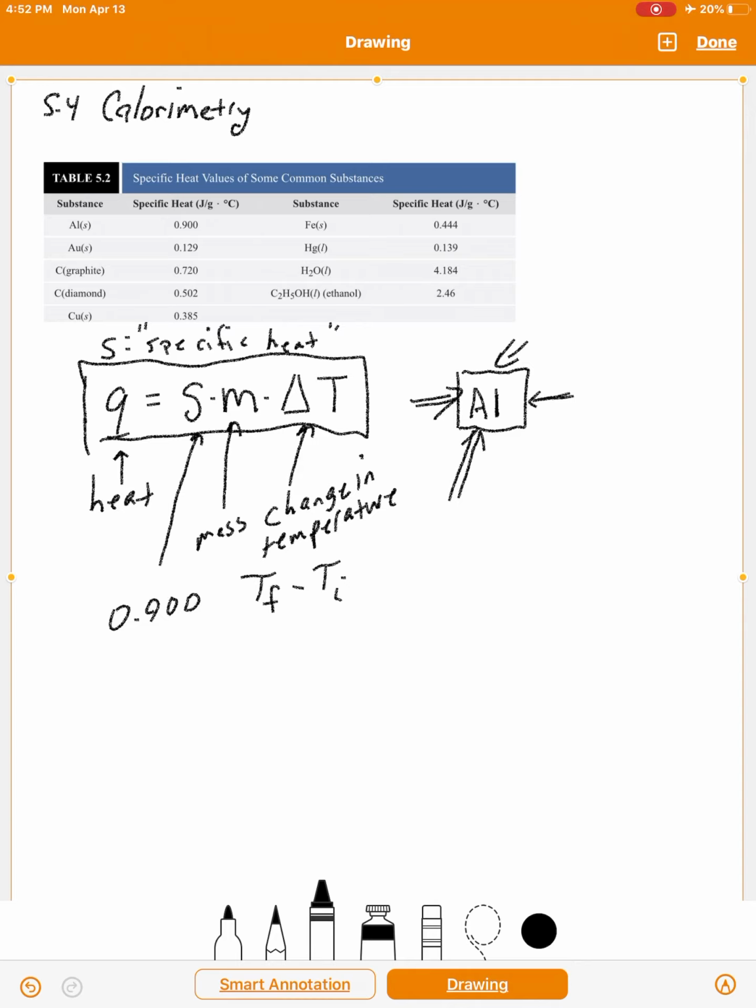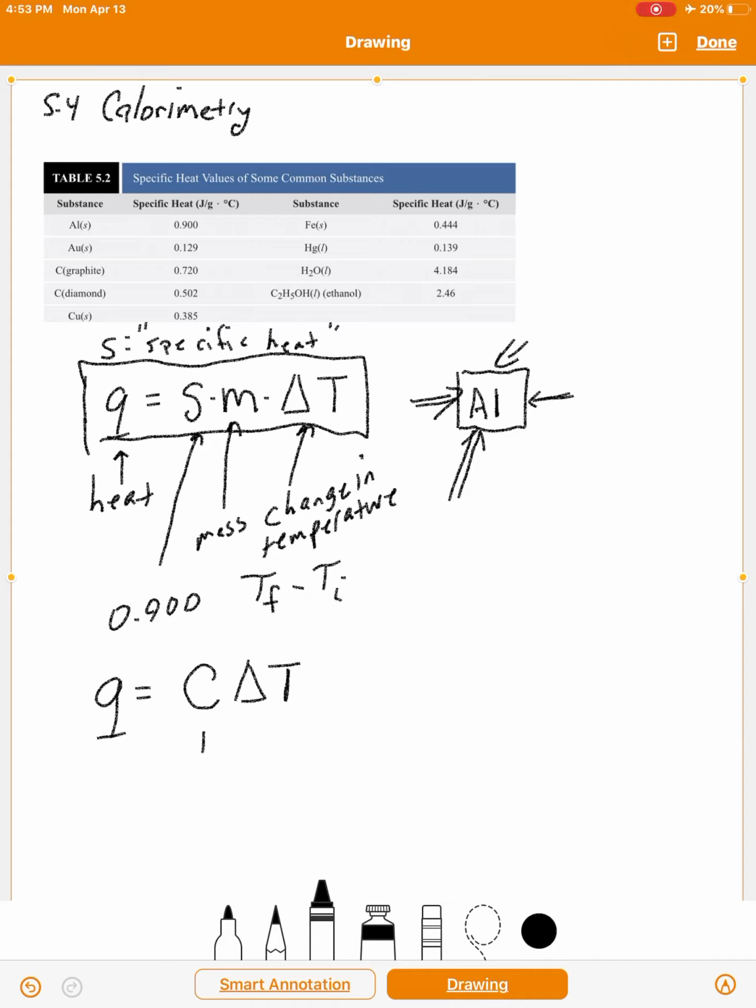Now, there's another equation which is similar to that, and that says that Q is equal to uppercase C times delta T. This also allows us to calculate the heat transfer to the aluminum block.